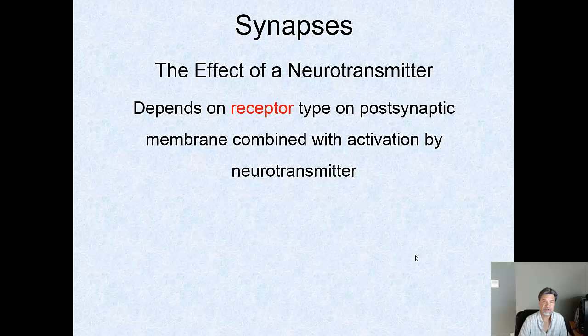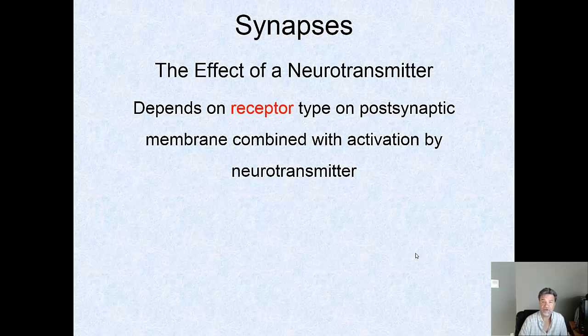Why does a neurotransmitter have the effect it does? Well, remember, it's all about what the receptor is about. There are multiple types of receptor for a neurotransmitter, such as acetylcholine. There are two major different types of acetylcholine receptors, one called muscarinic, one called nicotinic, and they have completely different actions on a cell. So you'll see that it's not only the neurotransmitter, but it's the type of receptor that the neurotransmitter binds to.